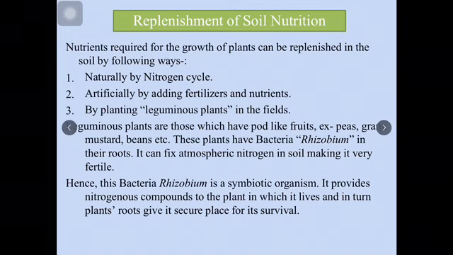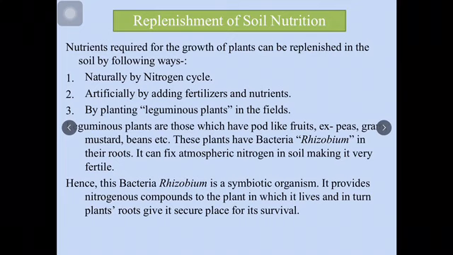Now these leguminous plants have a bacteria called rhizobium in their roots. It can fix atmospheric nitrogen in the soil, making it very fertile. That means these leguminous plants don't need any fertilizer, they don't need any manure. They have the bacteria in their roots. So here there is another symbiotic association.